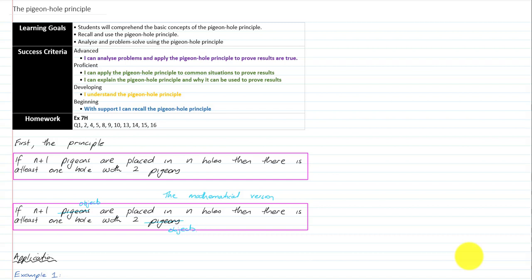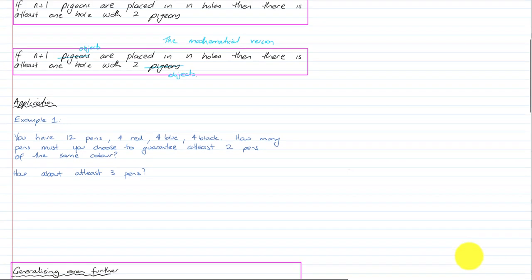So I've changed it a little bit in the second pink box there. If n plus 1 objects are placed in n holes, then there is at least one hole with 2 objects. Obviously, the concept is built around the idea of pigeons and pigeonholes, but we're talking about objects here, so it could be anything.